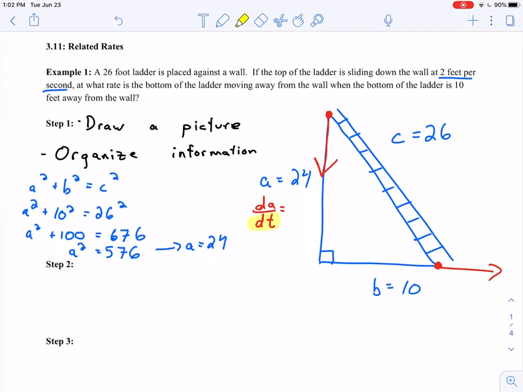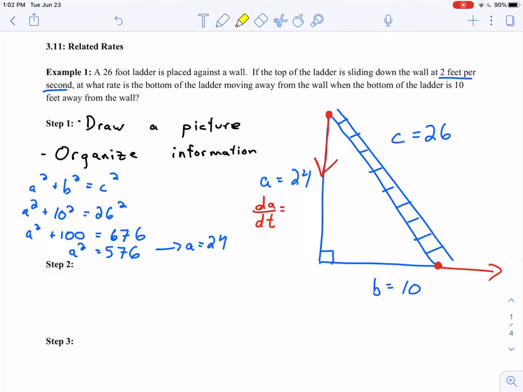In just about every single one of these problems, we're always going to be talking about how these quantities are changing with respect to time. Because that's just how we do these problems. We always want to know how these things are changing as time moves forward.